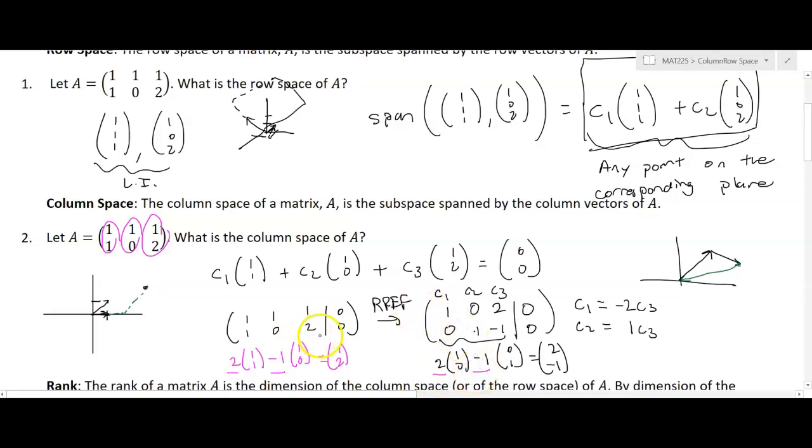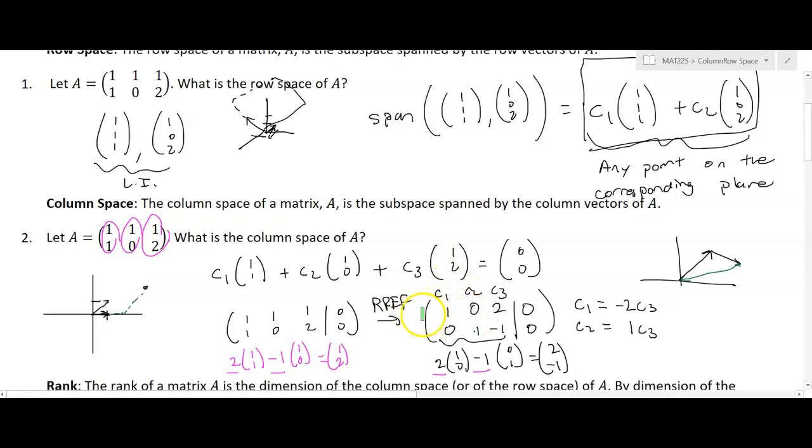And so that just tells me that the third vector can be generated out of the first two vectors, and therefore the column space of these three vectors is just the space spanned by the first two vectors in that set.